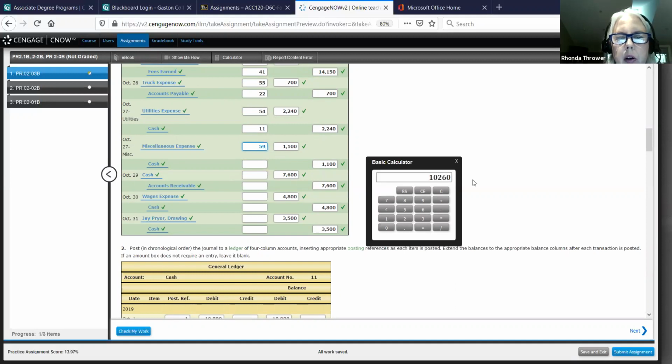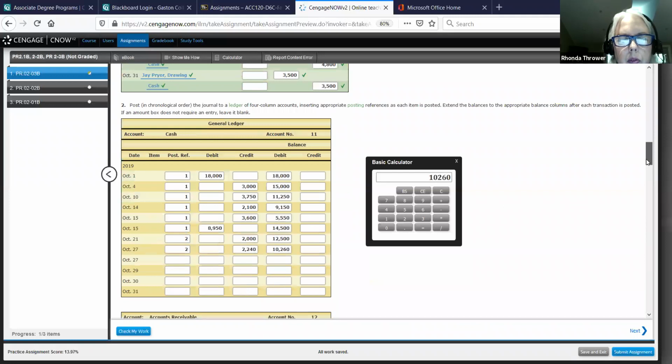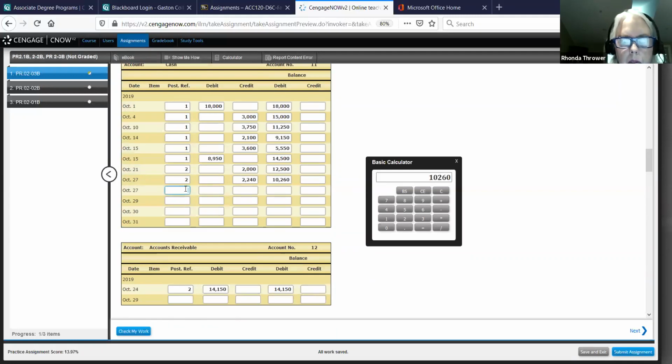And then we got a credit to cash for $1,100. I'm going to subtract $1,100 from the previous balance. Now we have cash at $91.60.